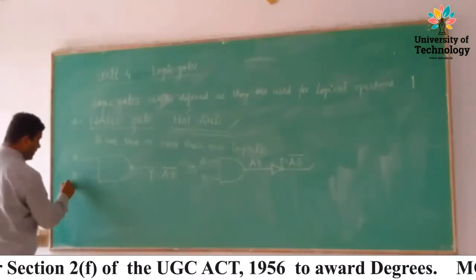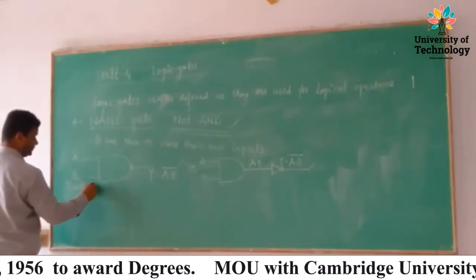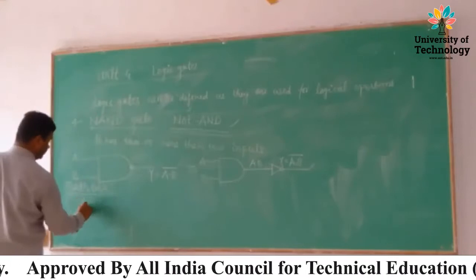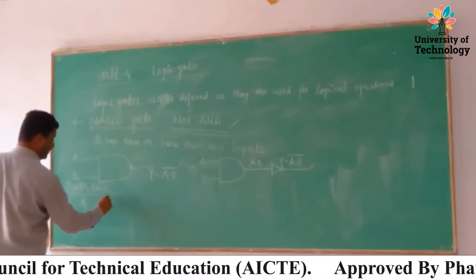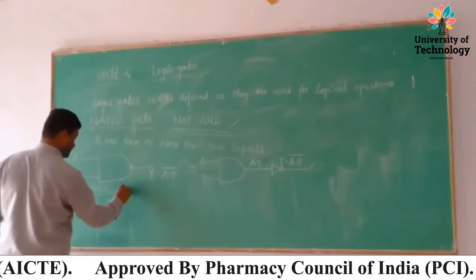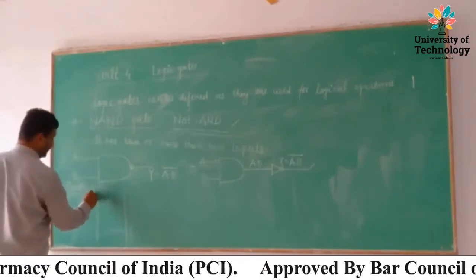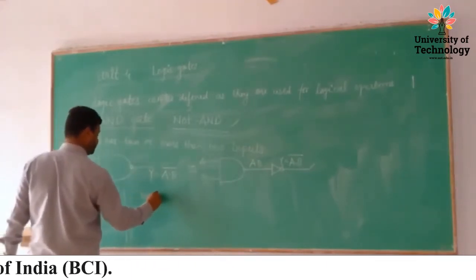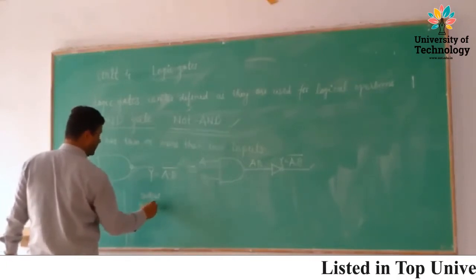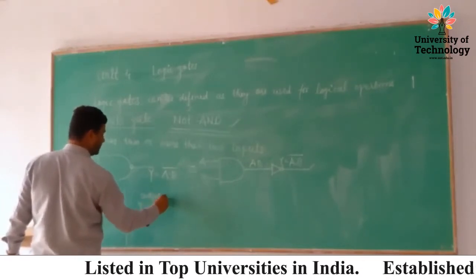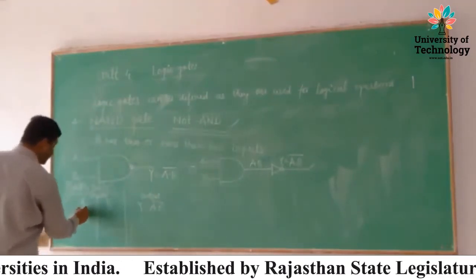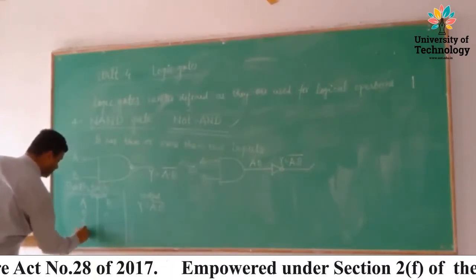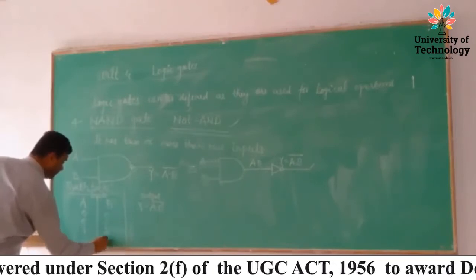Further moving to the truth table of the NAND gate. Inputs are A, B, and output is y, that is A dot B bar. Here 0 0, 0 1, 1 0, 1 1.